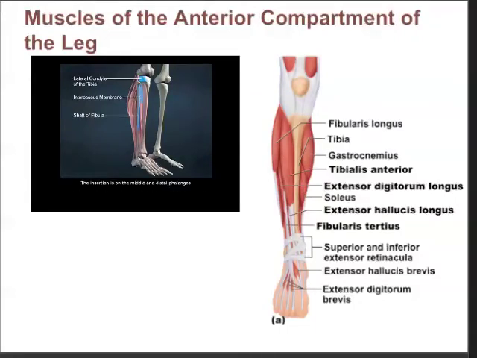The insertion is on the middle and distal phalanges 2 through 5. The tibialis anterior muscle originates on the lateral condyle and upper 2/3 of the tibia and the interosseous membrane. The insertion is on the medial cuneiform and metatarsal 1.